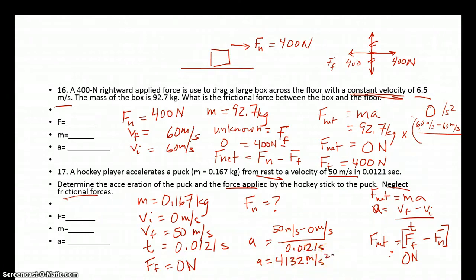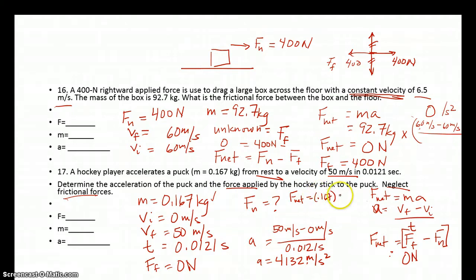Okay, so that gets me to punch this into my F equals MA. So in that case, if I were to punch that into this formula, I have my mass being F net. My mass is right over here. There's my mass.